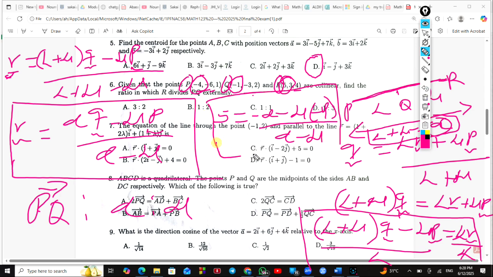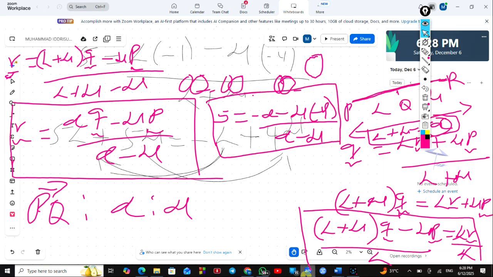So this is what I want. Let me take you to the notebook so that we continue from there. We have enough space here, so let me just copy what I wanted.